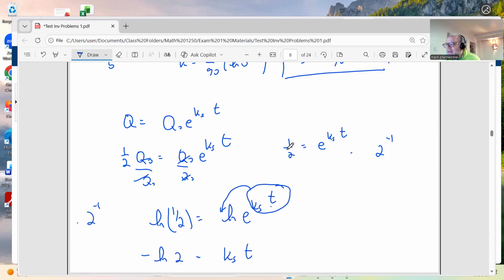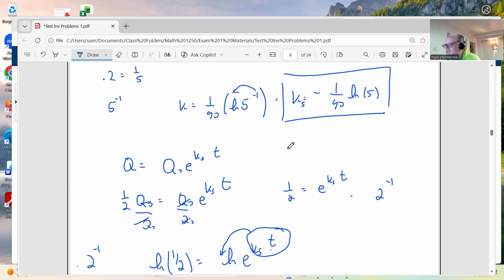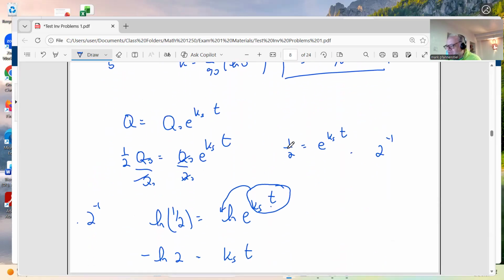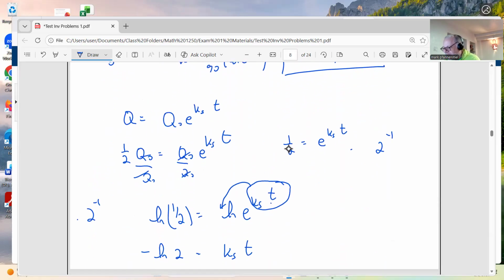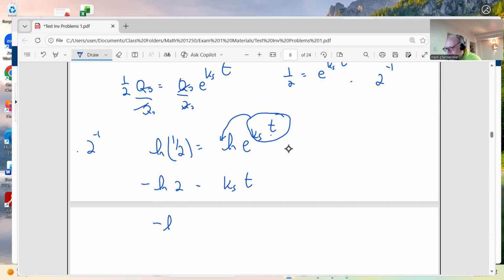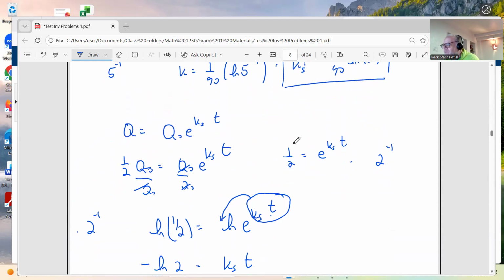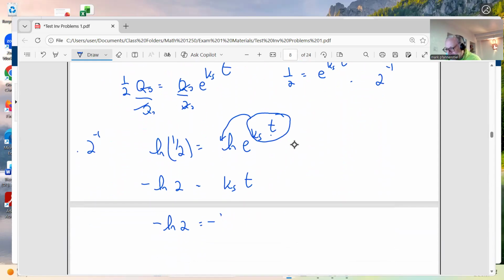What was k sub s? Well, k sub s was negative 1 over 90 times the natural log of 5. So negative natural log of 2 equals negative 1 over 90 times the natural log of 5, and all of this is times t, solving for t.